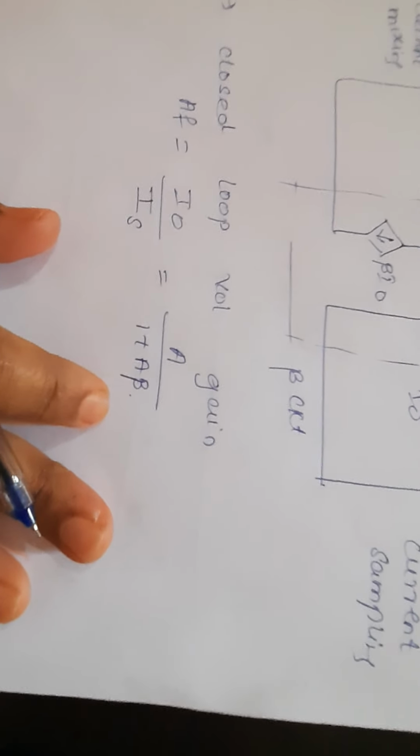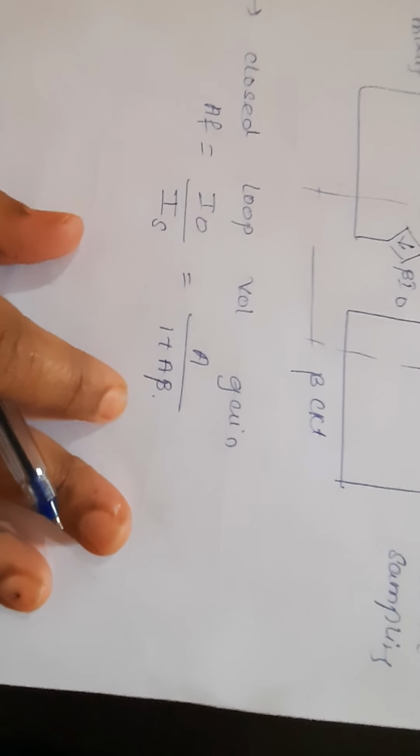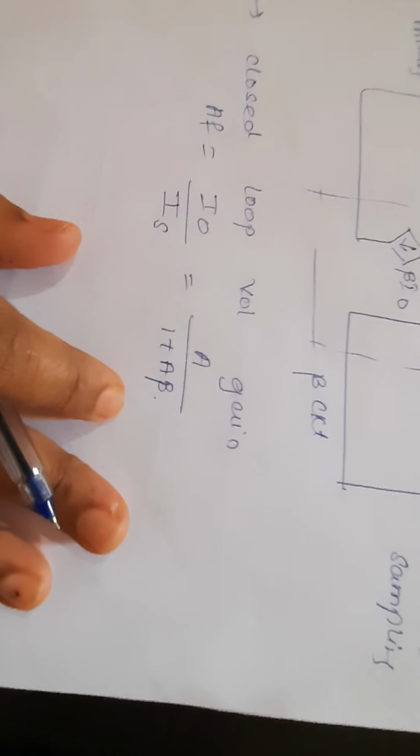Now the input resistance with feedback is the resistance seen by the current source IS.